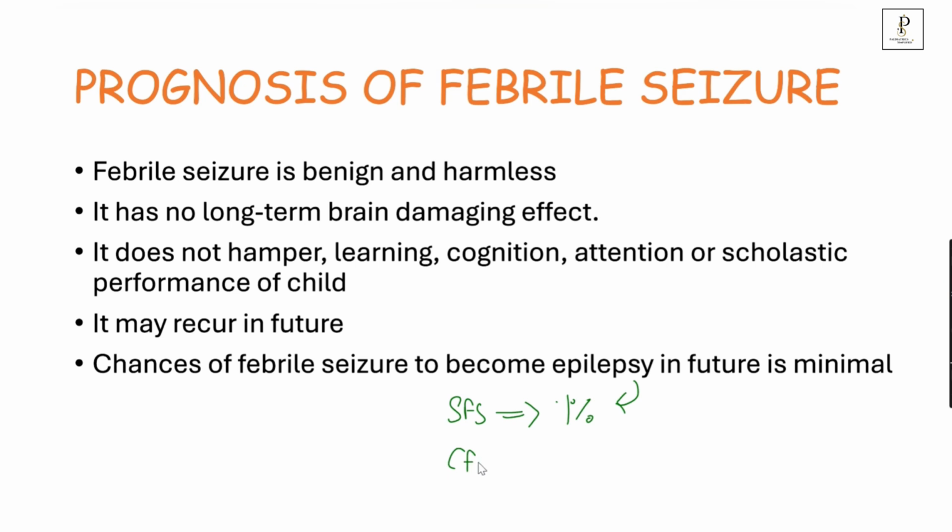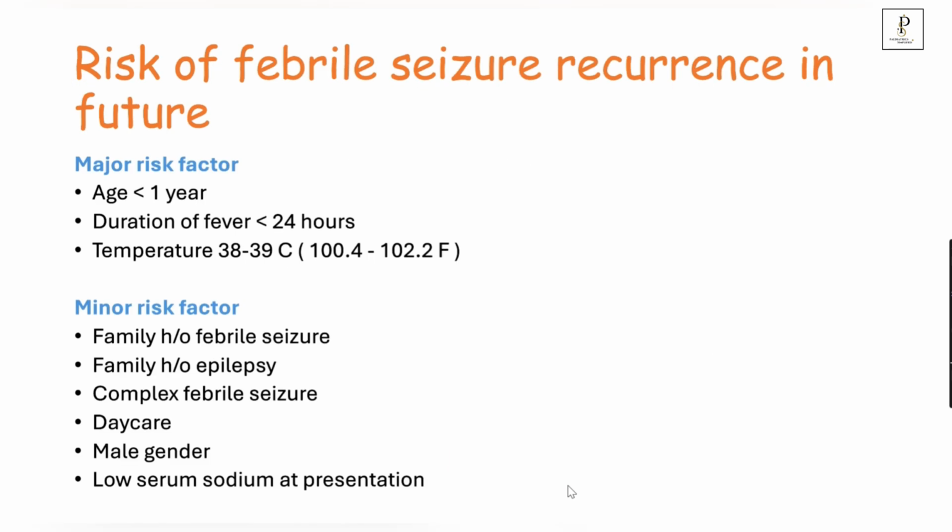If it is a complex febrile seizure, then risk of epilepsy becomes 6 to 29%. The risk of epilepsy is high if it is a complex febrile seizure. There are other risk factors also, we'll discuss subsequently.